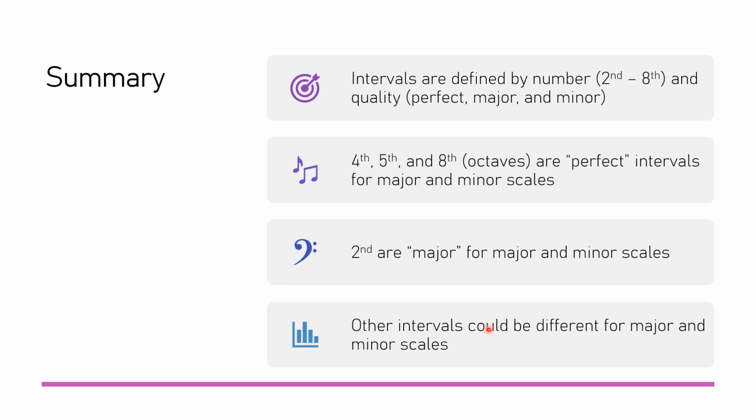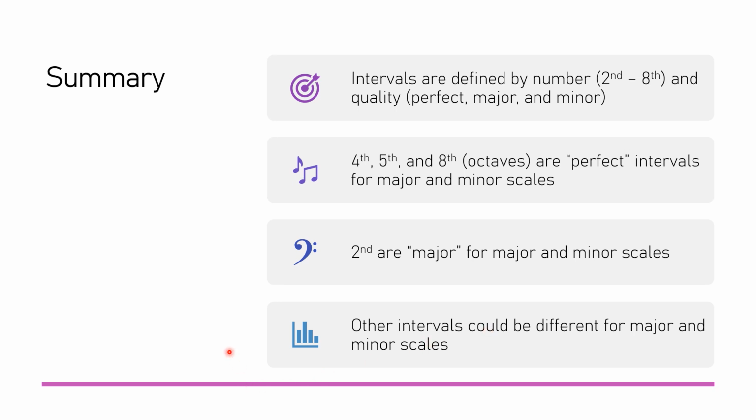For minor scales, the seventh is a major seventh for ascending melodic, and I've told you the reason why that is the case, and also for harmonic, but it is a minor seventh for descending melodic scale. I hope that makes sense.